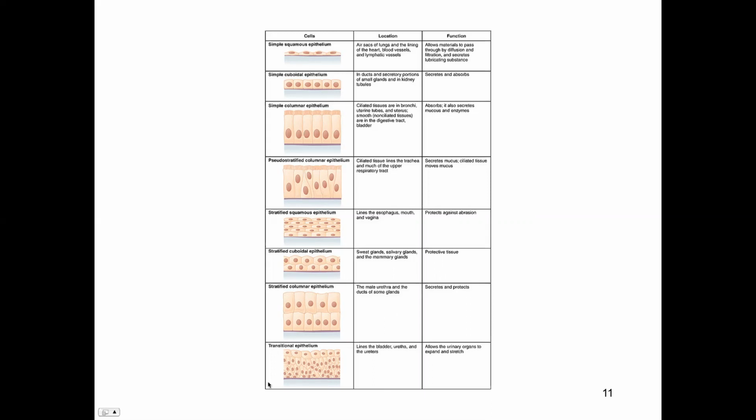In general. Now, transitional epithelium, that's a really weird beast, okay? It's usually in the urinary system, so it's lining the bladder, the urethra, and the ureters. And the thing is, this is expandable, all right? It allows stretching and expanding of these organs. And that's usually where you see this. And it looks like a hot mess when you see it histologically.